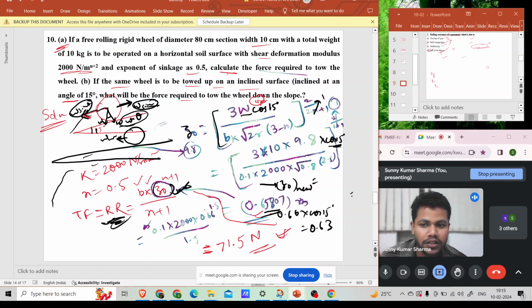That is already allowing the wheel to move down. So for moving up, you need to add this with the total force, and for moving down, you need to subtract it from the total force. That is just math. Is it okay, Sivan? Yes, yes, sir. Okay.